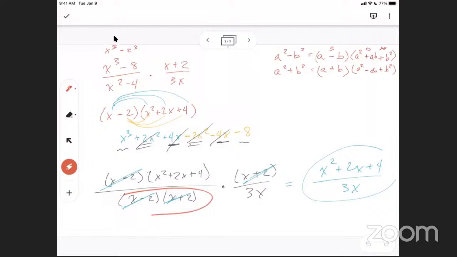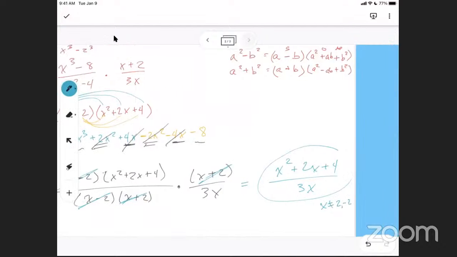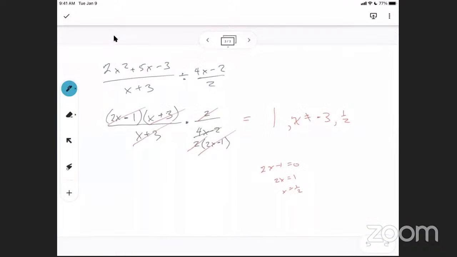Look here, -2 and positive 2. So x cannot equal 2 or -2. Sorry, I forgot to write that. So x can't equal -3 or 1/2.